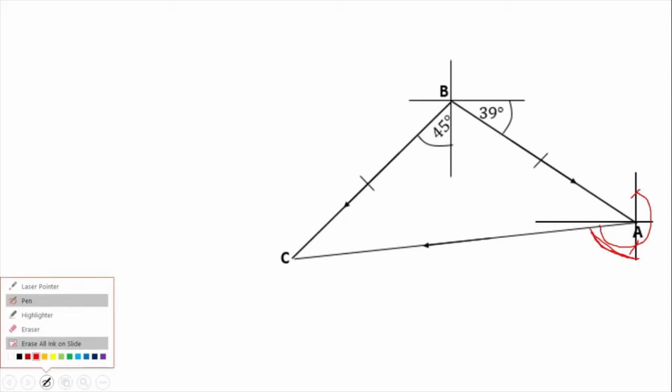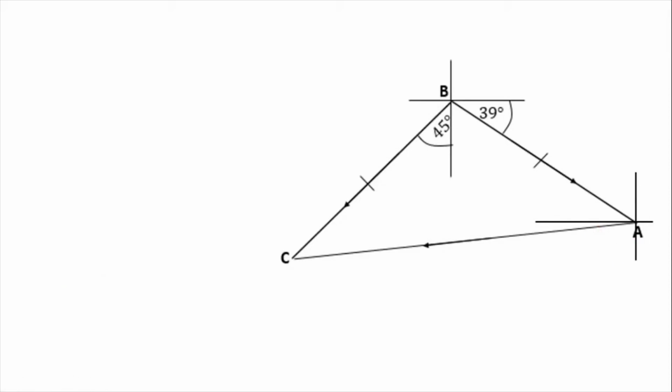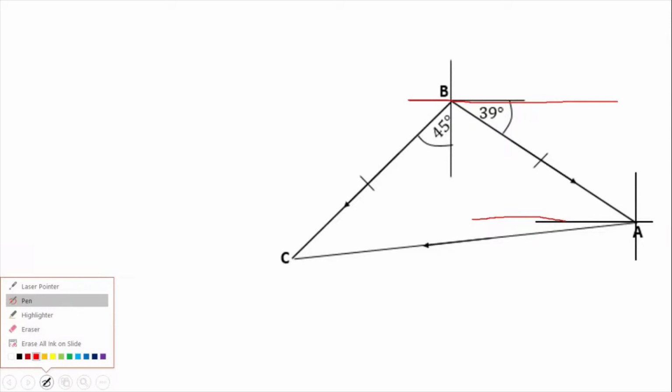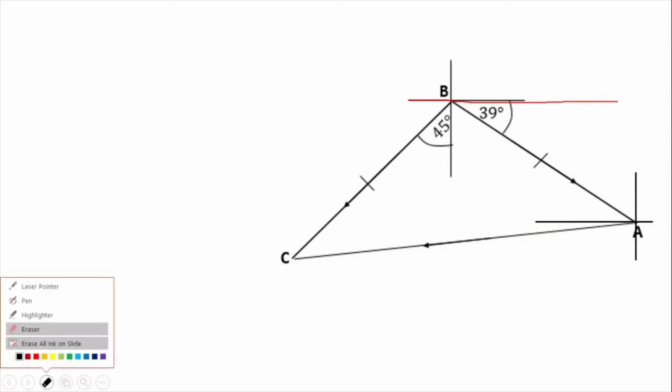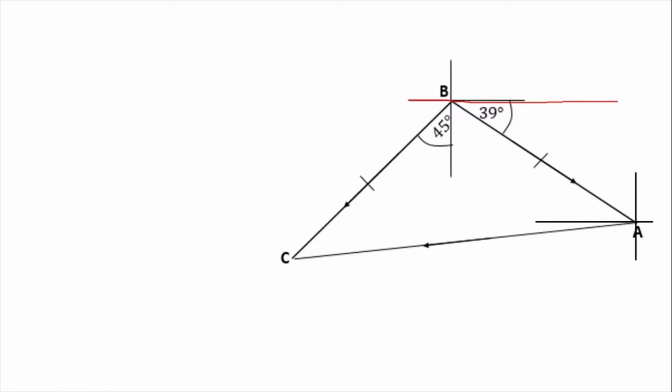You can see from this diagram that if we extend this line here, and we extend this line to, oh sorry, I'm going to draw the line again so that you get it very well. Okay, so this is what I mean. If we extend the line above and we extend this line, you can see that these two lines are parallel lines.